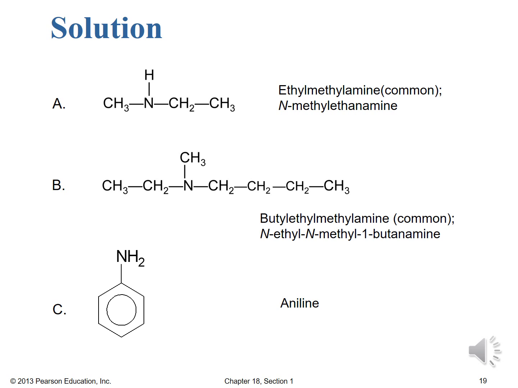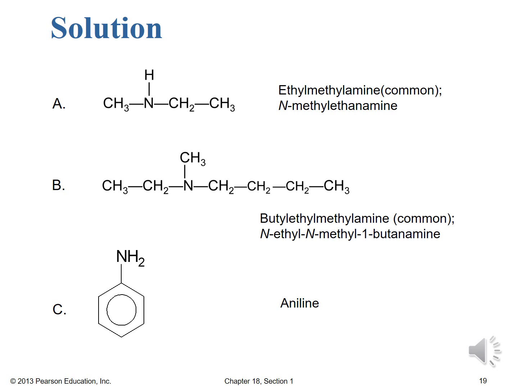For B, now we've got a longer carbon group there to the right, and that's the butyl group. So in the common naming scheme, because it's alphabetical order, it's butyl ethyl methylamine, so not based on the length, although we do happen to go from longest to shortest. That's not because that has any special place in the common nomenclature, it's just that the alphabetical order happens to follow the decreasing length.